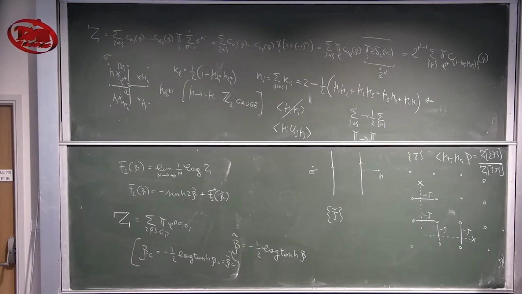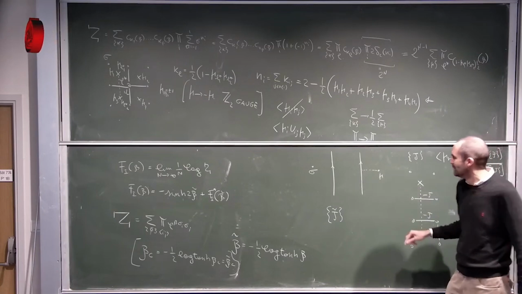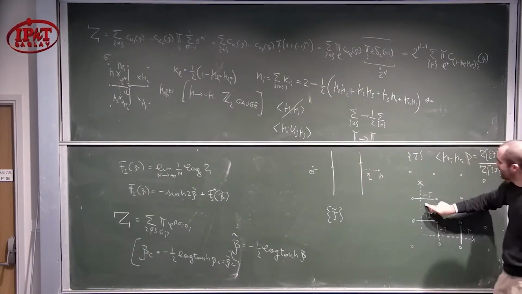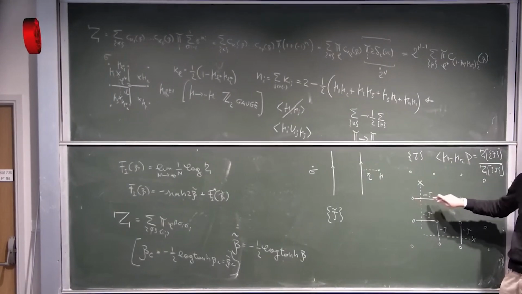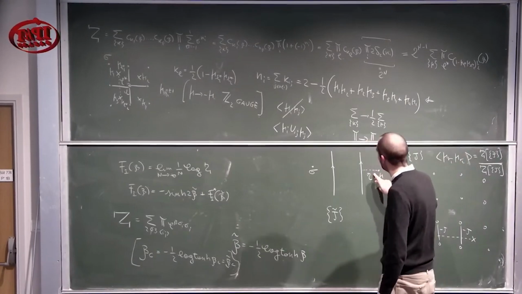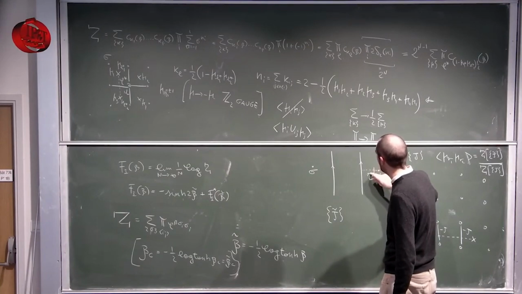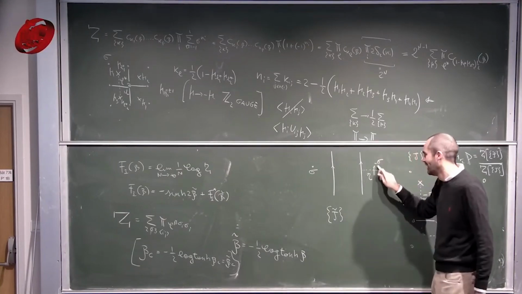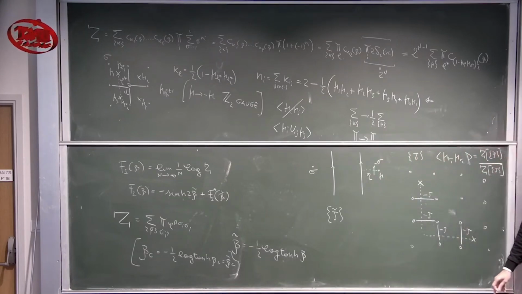And so another way in which people understand this line, they call it a disorder line, because switching the sign of the coupling is equivalent to switching the sign of only one spin. The way they see this picture is that you have to think about it as a line operator, and when a spin crosses it, you change its sign. And so this is maybe the first manifestation of a generalized symmetry in this story.